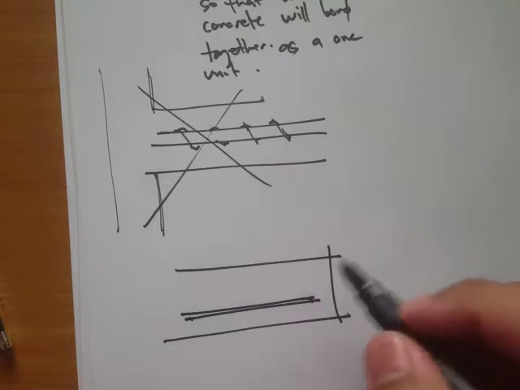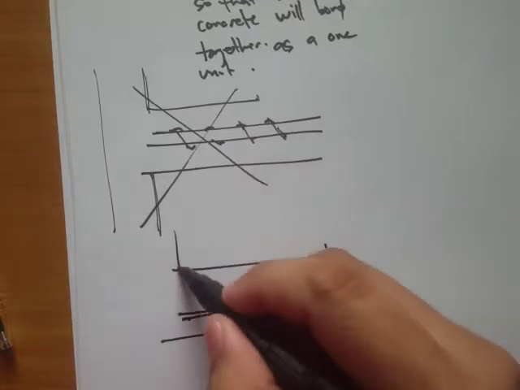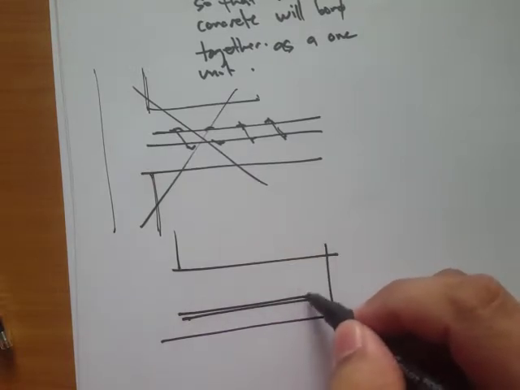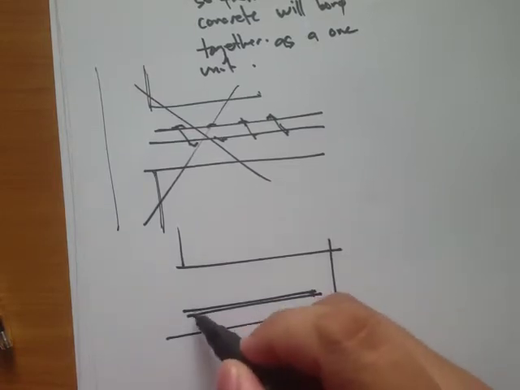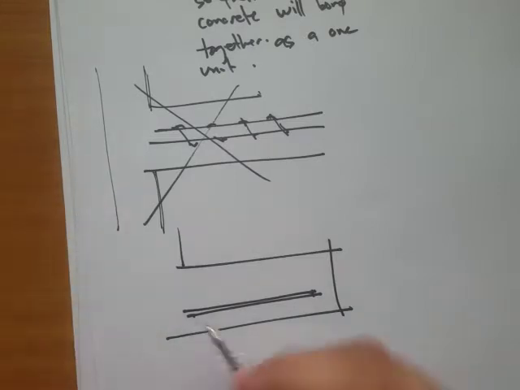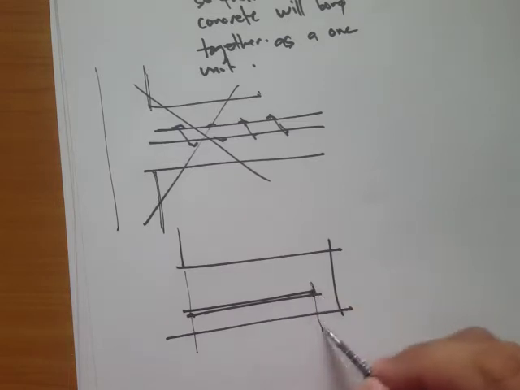Now this steel reinforcement, do we need to bend it, or do we need to provide a hook? That depends upon the required development length. For example, this is the embedment, and this is our actual length.